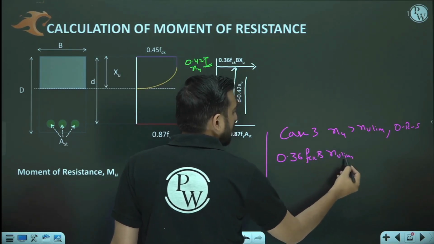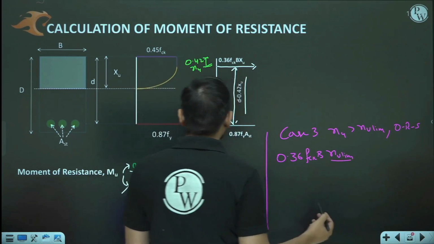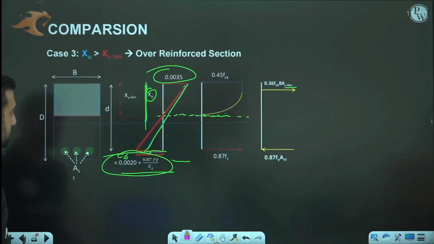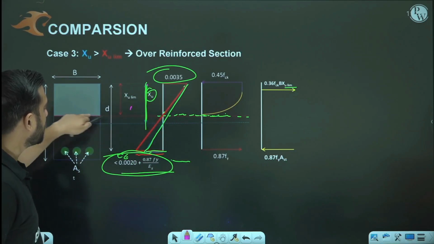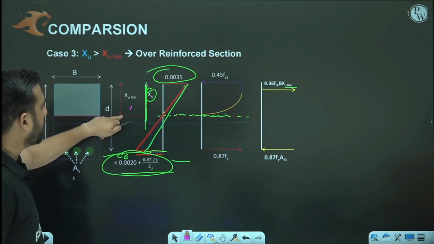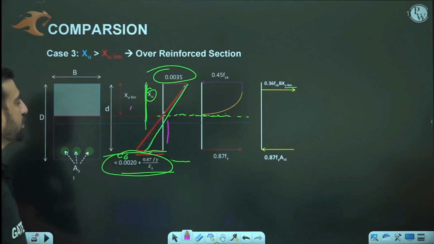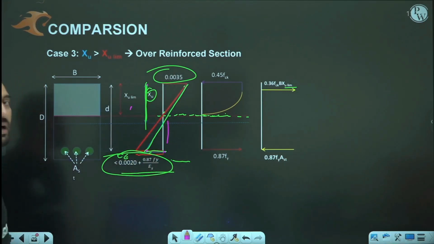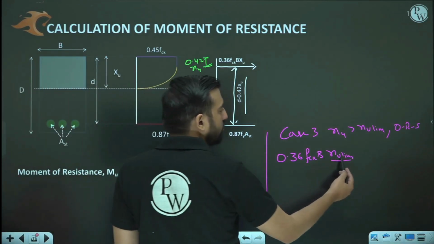Although XU is different from XU limit, we are still going to use XU limit, because I told you in an earlier step that we have to keep the depth of neutral axis restricted to XU limit only, because failure will occur there. So as per assumption number 6, strain cannot be less than this particular value at the time of collapse. So that is the reason why you need to substitute XU as XU limit.